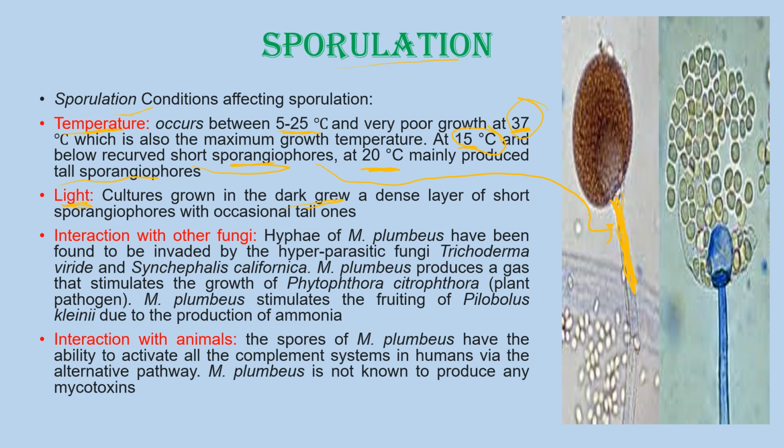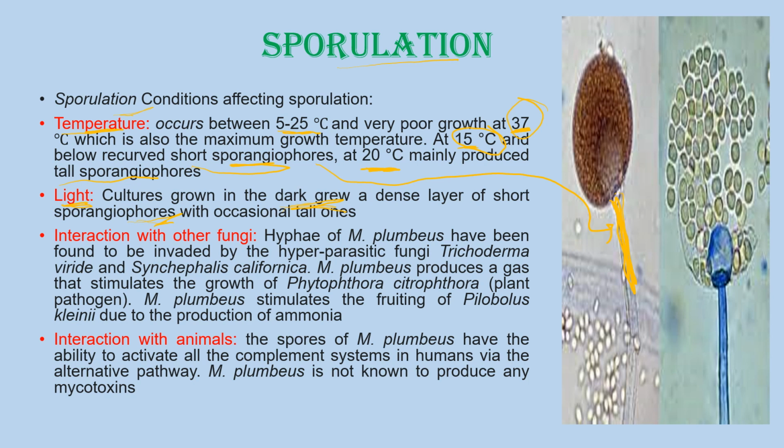It produces exogenous enzymes and dissolves the starchy material present on the substratum, so it does not require light for vegetative growth. But for reproduction it requires light, because light alters the length of the sporangiophores; in very dark conditions, mostly short sporangiophores are produced.